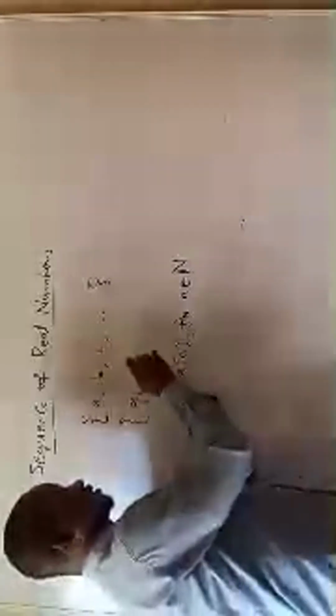It's just for arrangement. Now, if n is 1, the first element in the sequence we take is x1. When n is 2, it's like saying x of 1, x of 2, because it's a function as we'll define later. So when n is 2, the second element we take is x2.